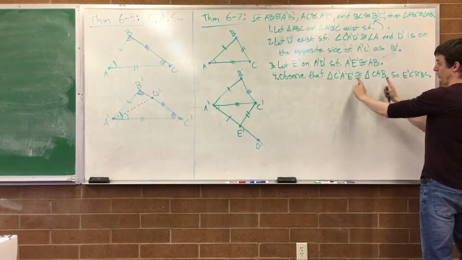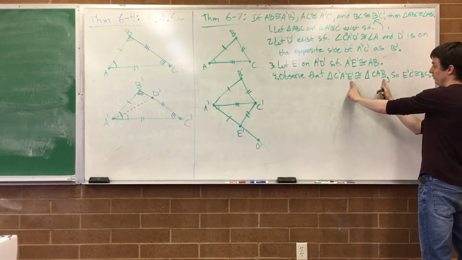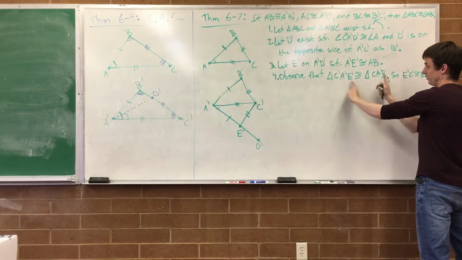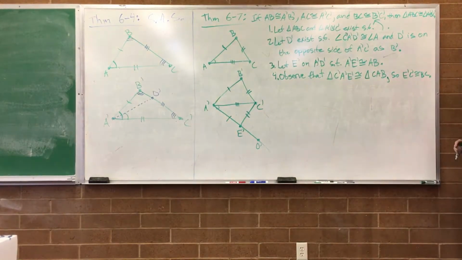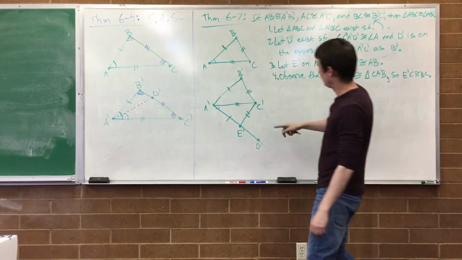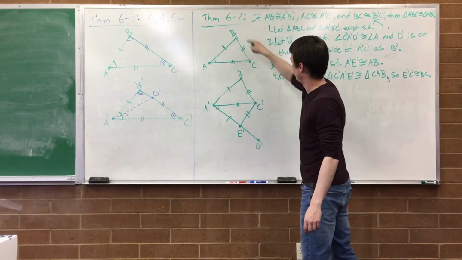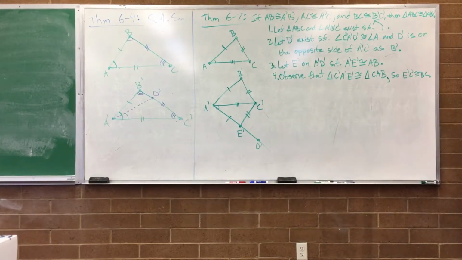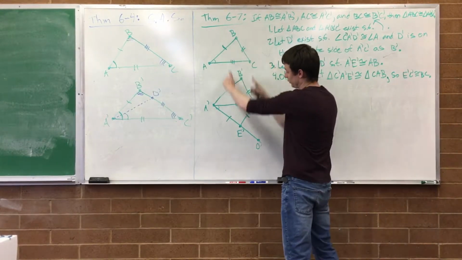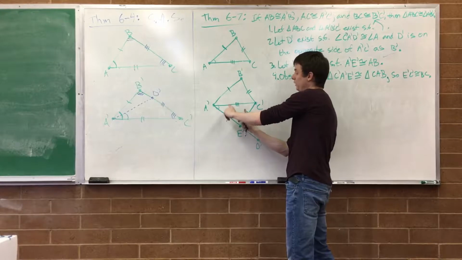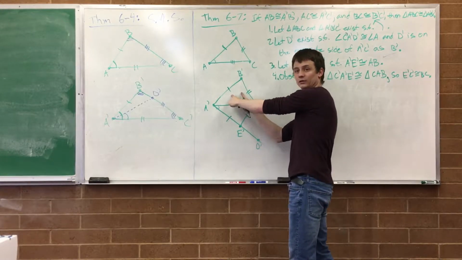Whatever's in the third and first position is congruent to whatever's in the third and first. Order matters. We already wrote that, right? E prime C prime is congruent to BC. So we've got this triangle congruent to this triangle. Now we need to show that this triangle is congruent to this triangle, and we're done.